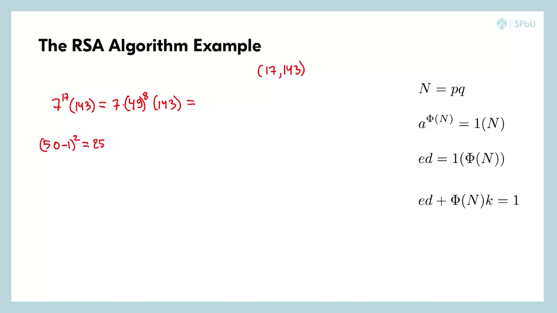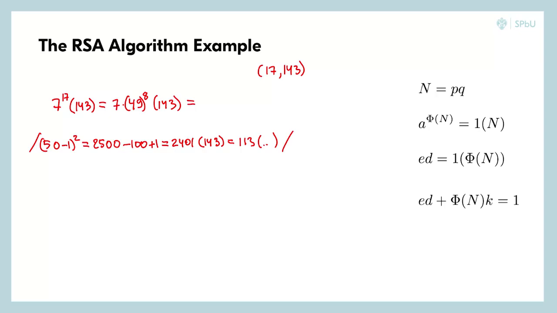This is 2500 minus 100 plus 1, which is 2401. And we're going to compute it modulo 143, which equals to 113 modulo 143.